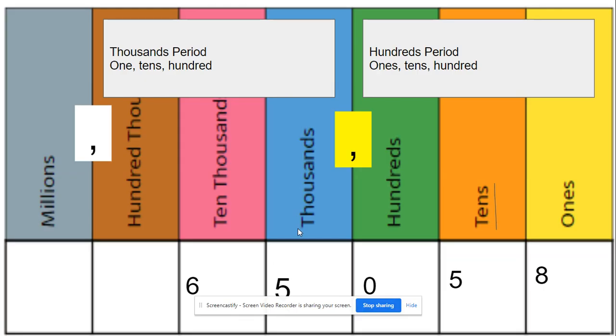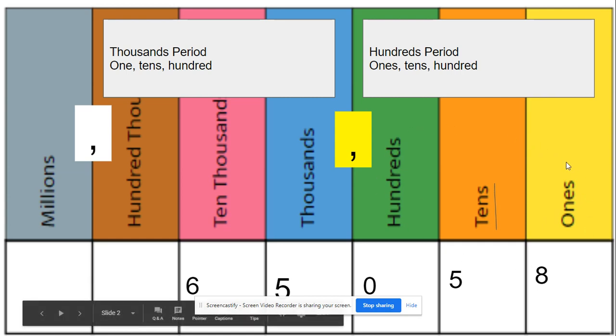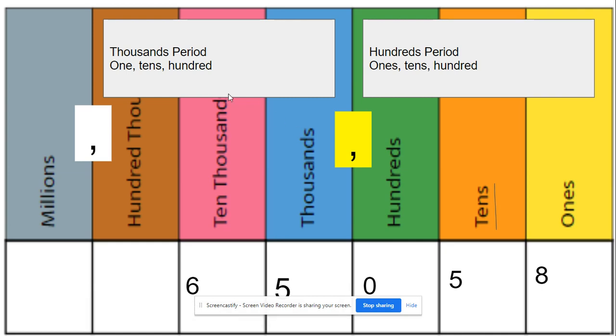So we've been going over place value and we've talked about the different periods of large numbers. When numbers start getting very large, we separate those with a comma. After we get out of the hundreds period, we use a comma to show that now we are in the thousands period.